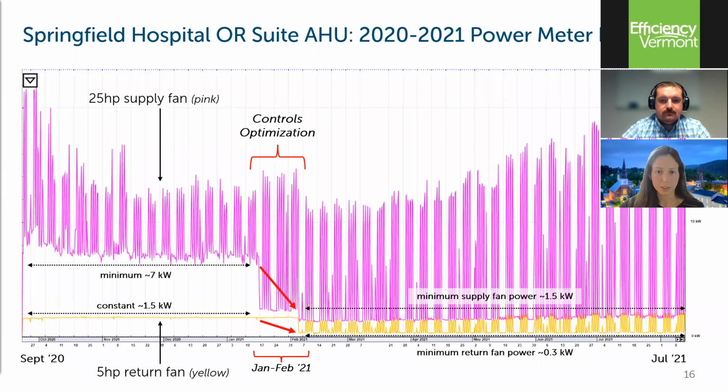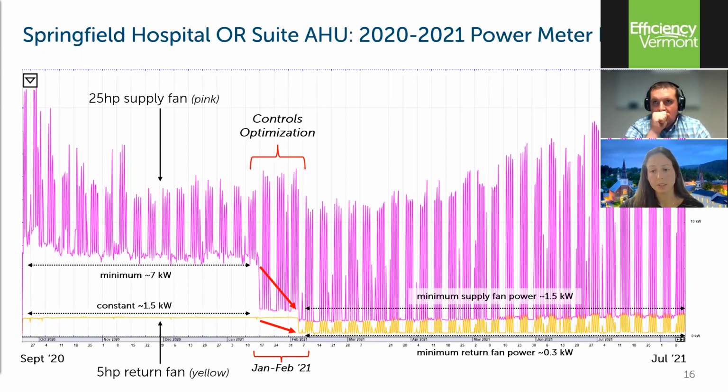In roughly mid-January to early February, that's when the hospital made all those changes, working with Control Tech, their engineer and their balancing contractor to replace the pneumatic controls on the VAVs and adjust control set points to reduce the OR's air exchange rate during unoccupied times.